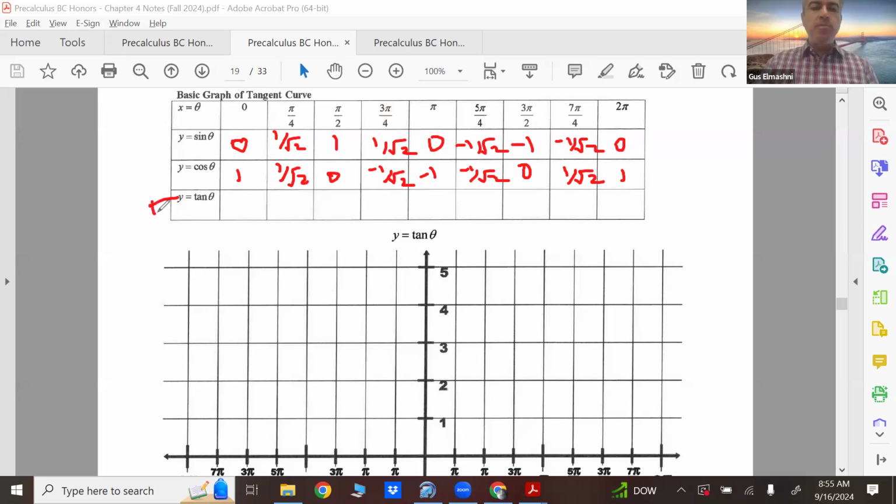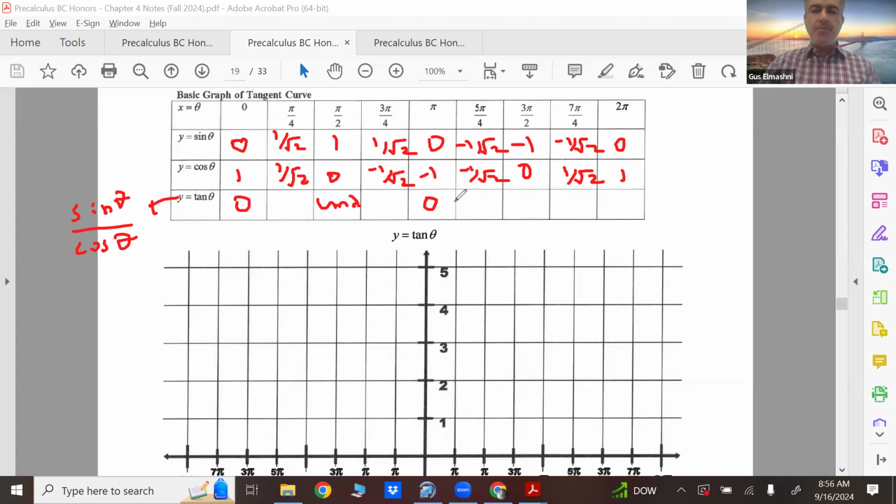Now tangent is sine over cosine. We know this, right? As an identity. So take the second row, divide by the third row. What's 0 over 1? But then that's undefined right here.